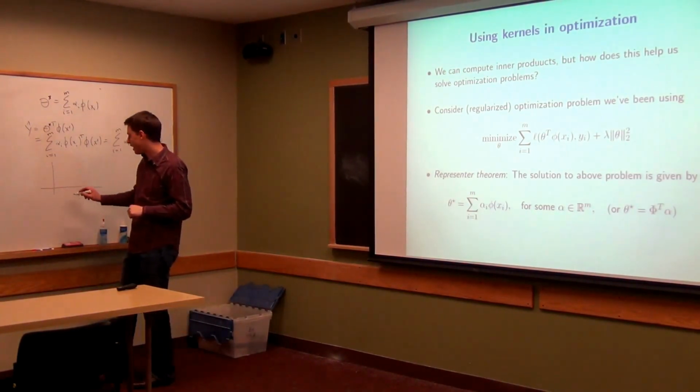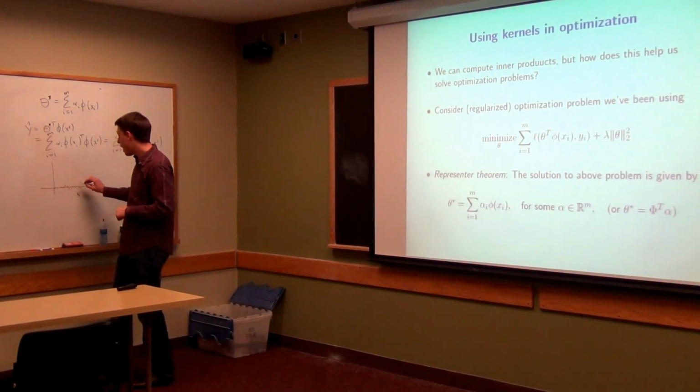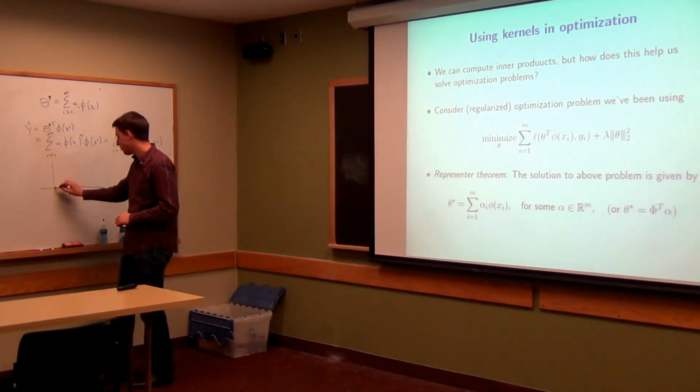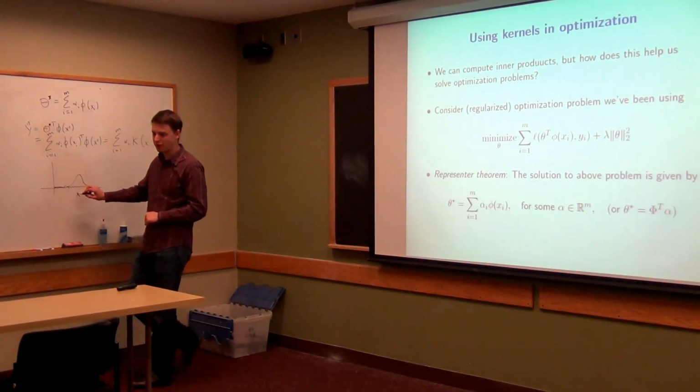You have all these different RBFs around every single point in the space, but the ones that are close by are the only ones that have good value, and it ends up looking exactly like a Gaussian around x, this point.